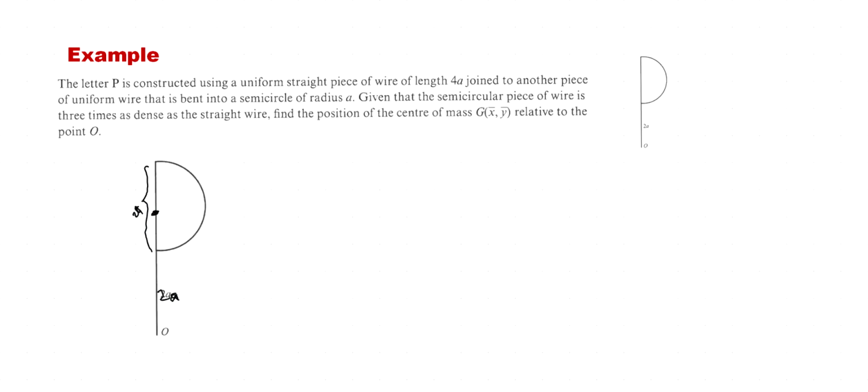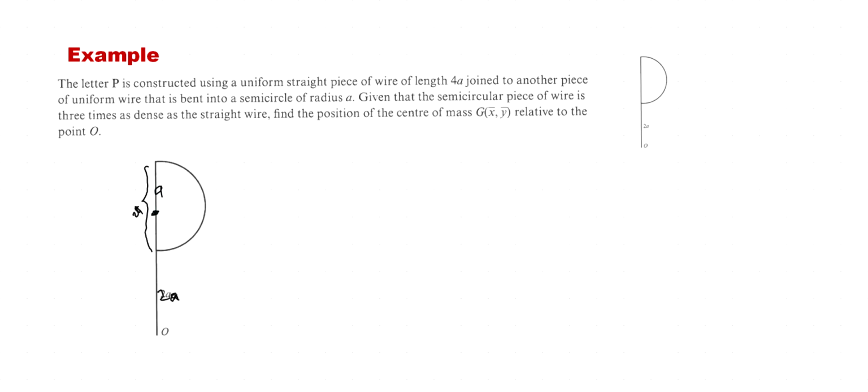Okay, and given that the semicircular piece of wire is 3 times as dense as the straight wire, find the center of mass relative to the point O, relative to the origin.